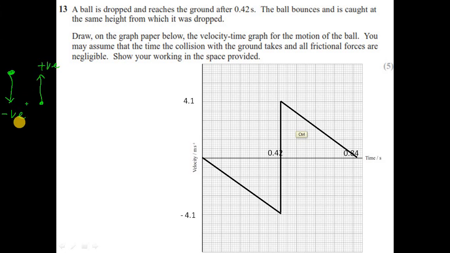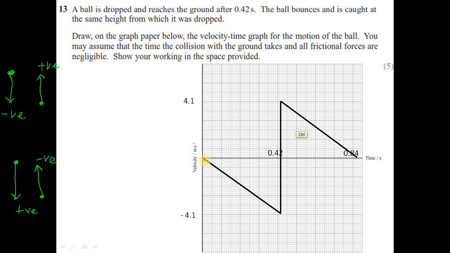According to my sign convention, this is my negative direction and this is my positive direction. But if you choose the other way around, meaning if you took downward motion as positive, then upward motion must be negative.